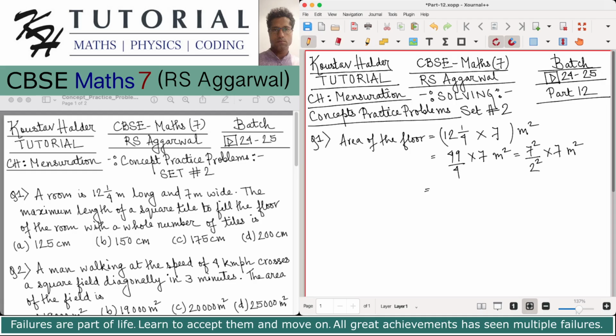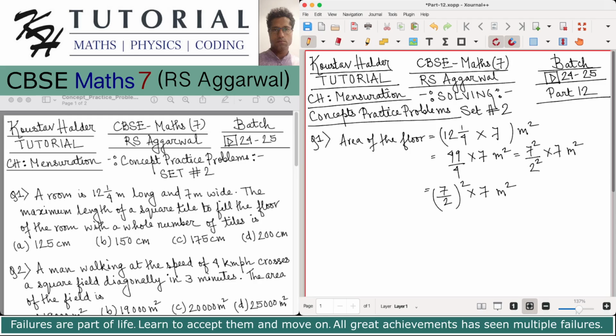Now 7 square by 2 square can be written as 7 by 2 whole square multiplied by 7, this much meter square. So the area, what is the maximum length of a square tile? Okay.